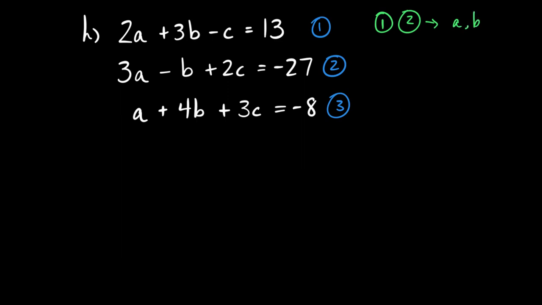Remember, I'm just using that we're going to eliminate our C's. Well, if I now took equation 1 again, but I used it with equation 3 to eliminate my C's, then that would leave me with another equation with just A's and B's.